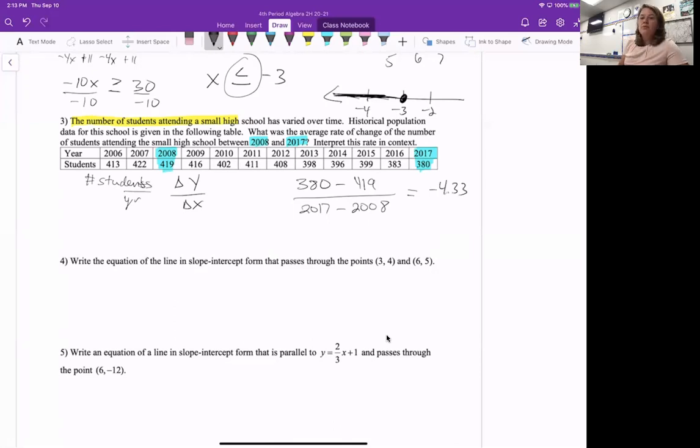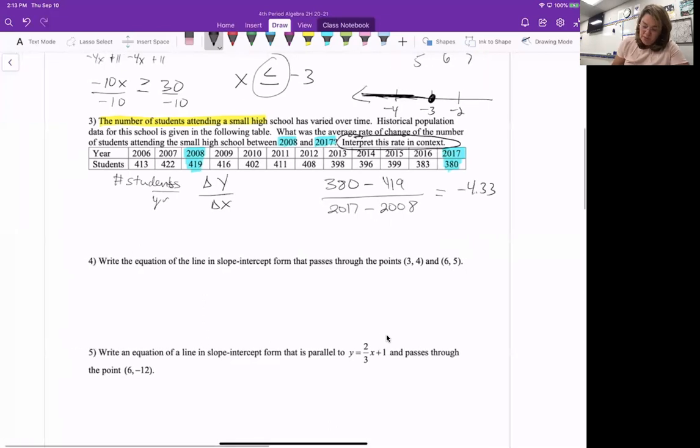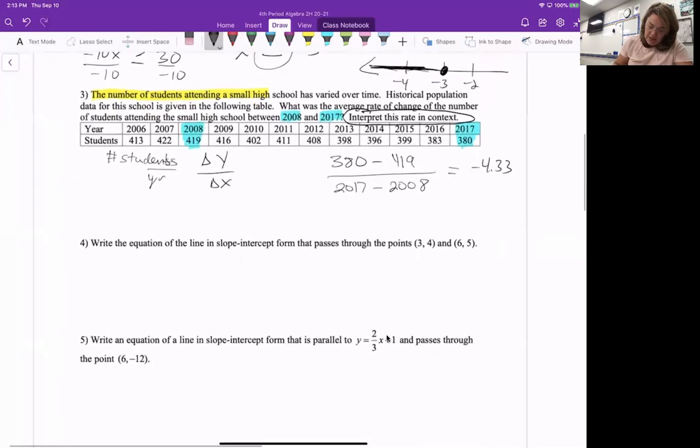And so I found the average rate of change, but I have not answered the question, which is the part that most people probably struggle with. Interpret this rate in context. If you recall from the notes, there was a template.